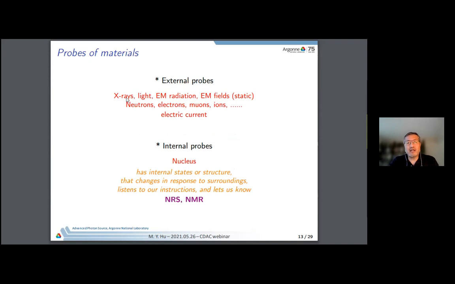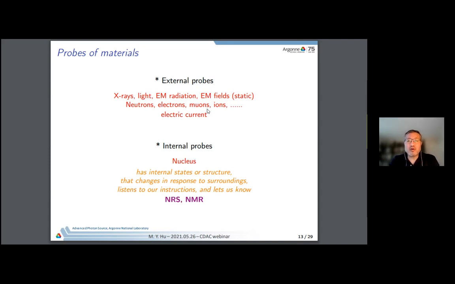Basically, X-rays, which, because of synchrotrons, are now very popular, neutrons, and also lasers, light, radiation, fields, and all that. And then basically, many particles, elementary or not. You send in a beam of these particles and see how it changes direction, how it changes energy, or even how much gets out of the sample, which can also tell you a lot about the sample and its properties.